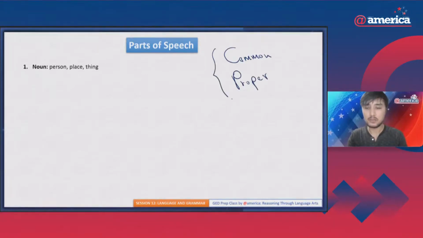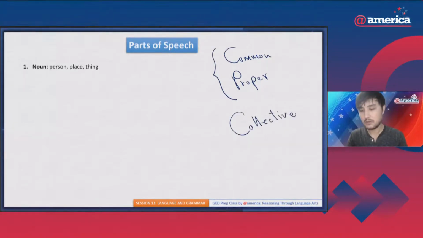They belong to one group. So you have, for instance, a collective noun. You have a countable noun. You have uncountable noun. I'm going to explain them one by one. Please do not worry.